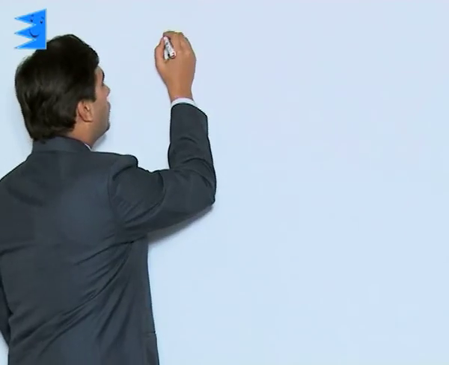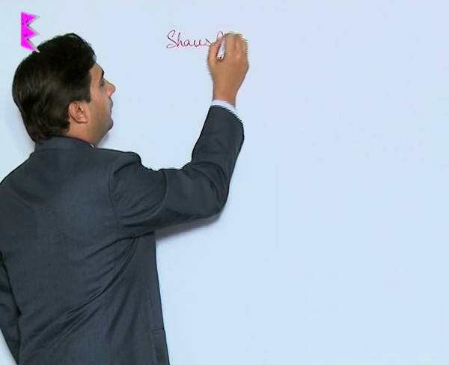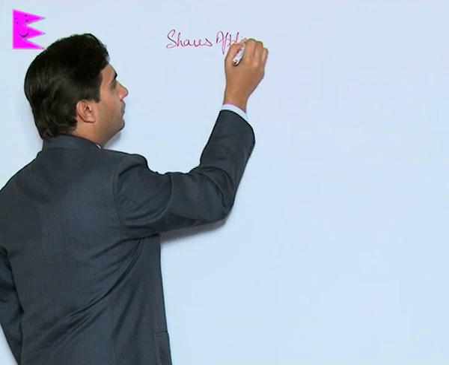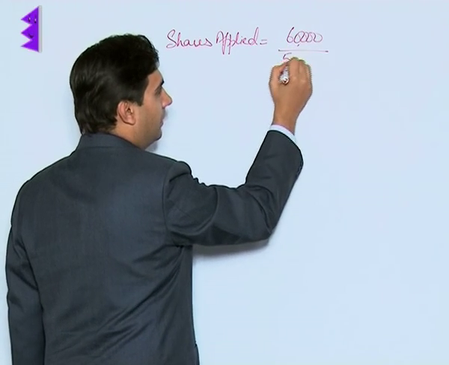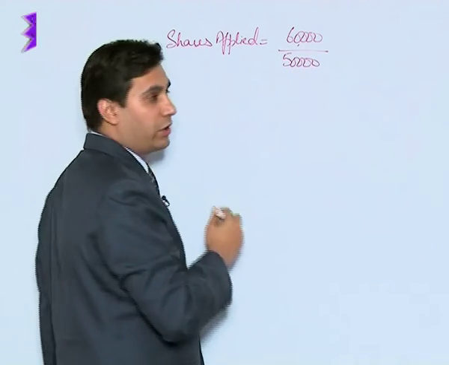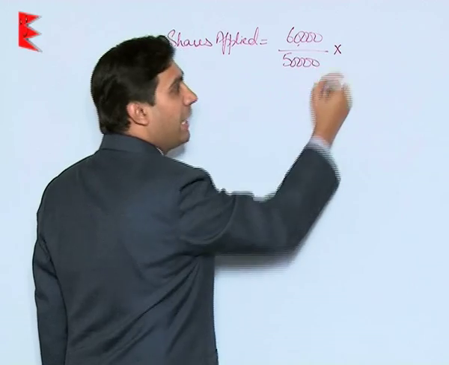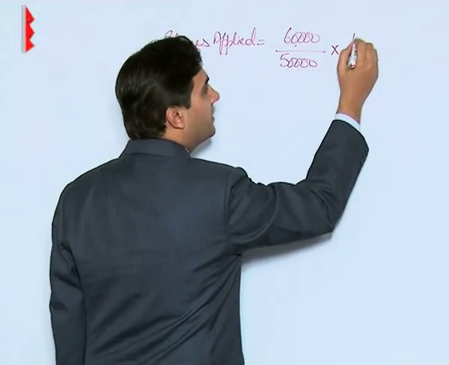So shares applied would be equal to total pro rata applications for this group, which was 60,000, divided by the number of shares that they were allotted, multiplied by the shares that he had received.